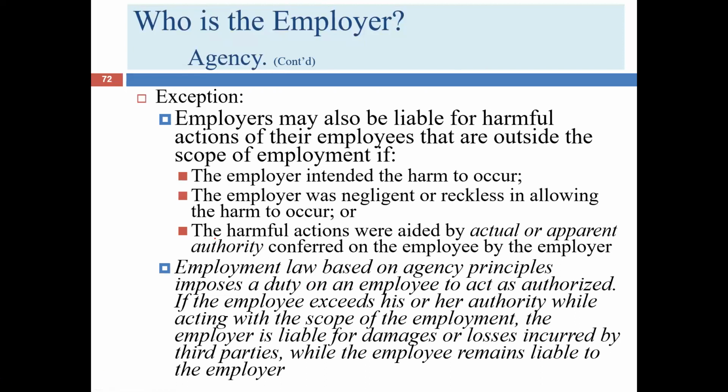The situation in which the employer is going to be responsible is when there is actual or apparent authority to do that particular action. Going back to my example before, when I was the Target cashier, I was there with the apparent and actual authority of Target to be there. I had access to the cash register. I had a name tag. Maybe I even had the vest that Target employees wear.